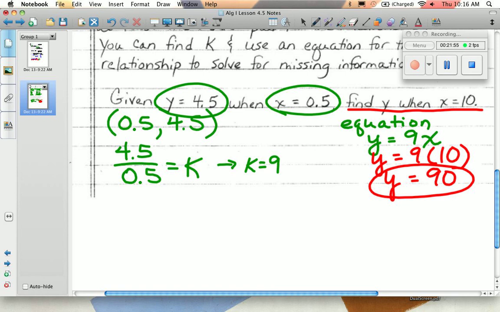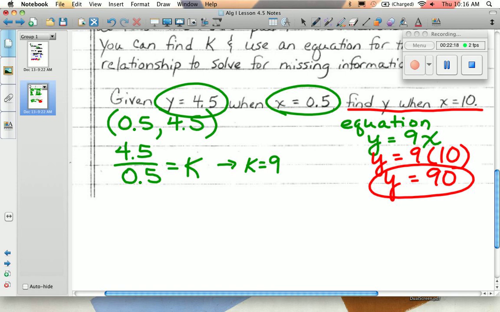So if we're told it's a direct variation relationship, when they say if y varies directly as x, they're telling us right there it's a direct variation. Once we know it's a direct variation, we can count on there being a constant of variation. We can get that by taking any ordered pair, putting the y over the x and dividing it out, and that'll give us our k value.